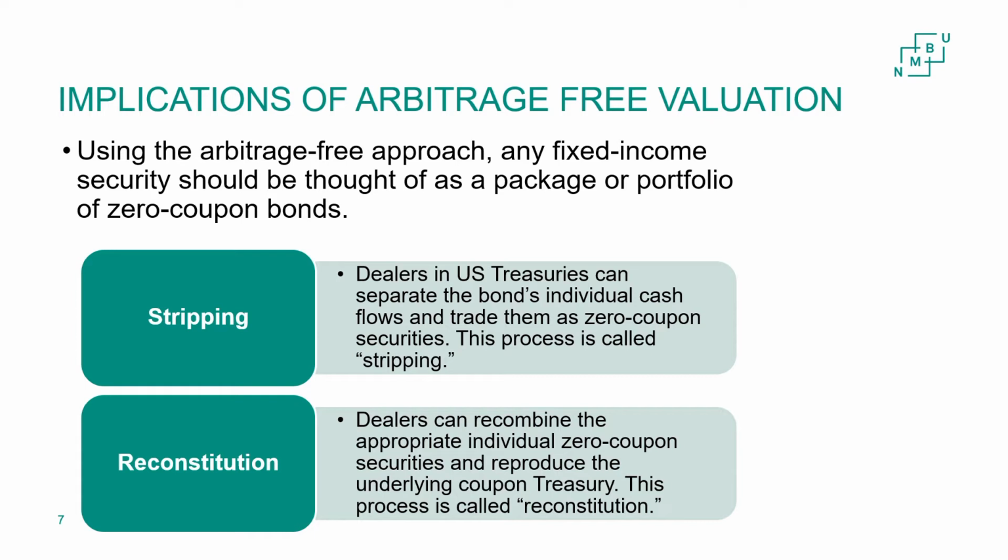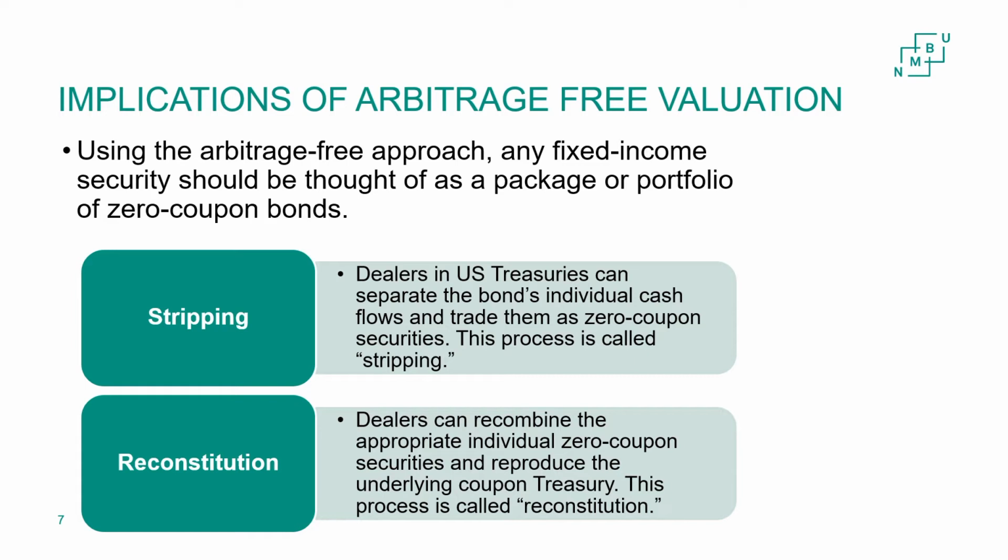So you buy the coupon bond and you sell zero coupon bonds. In effect, you have been stripping the coupon bond, and hopefully you will make a profit doing this.